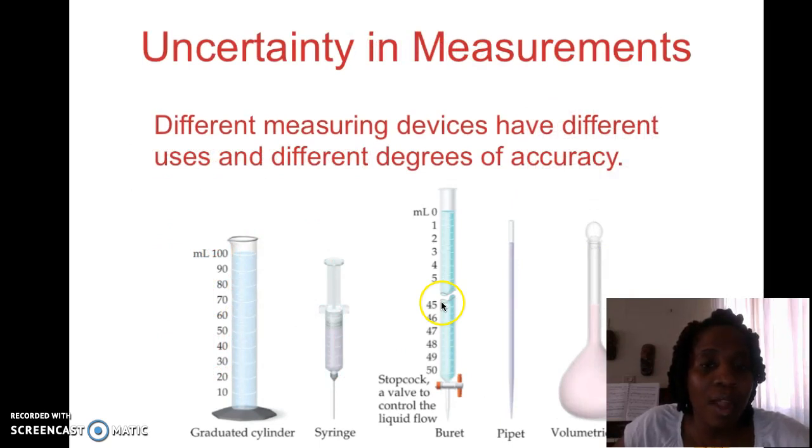We have a variety of measuring devices that have different degrees of accuracy, and it's important for you to keep in mind how many digits you're allowed to record when you're taking a measurement. We're going to talk about which materials or which equipment is appropriate for which types of experiments as we go along, but just keep in mind that we want to be as accurate as possible.